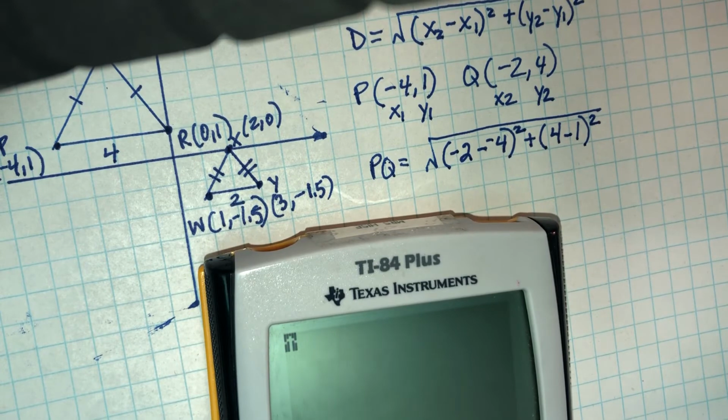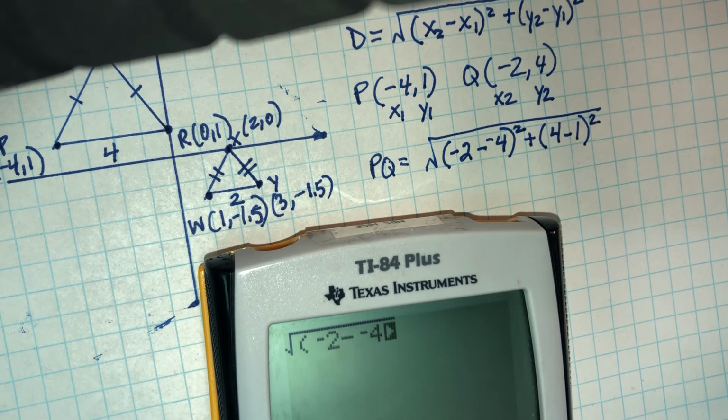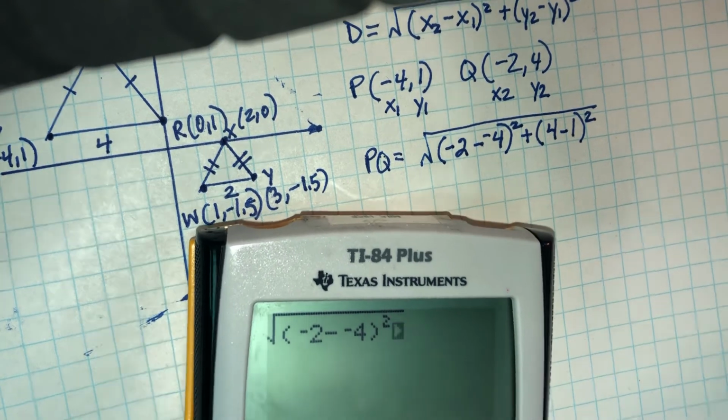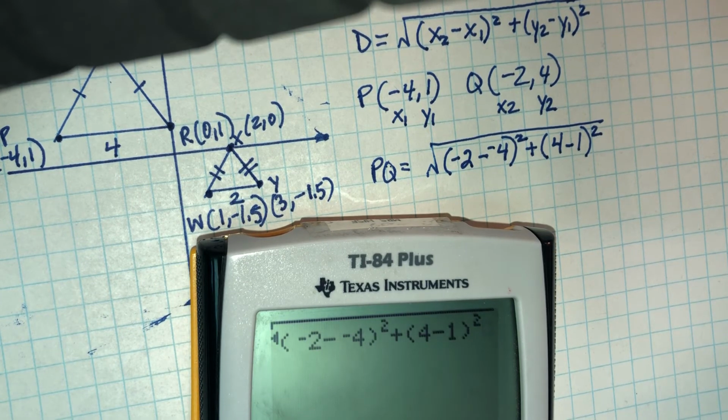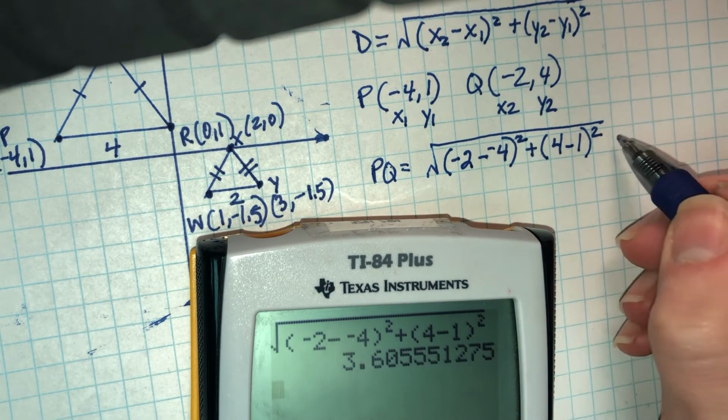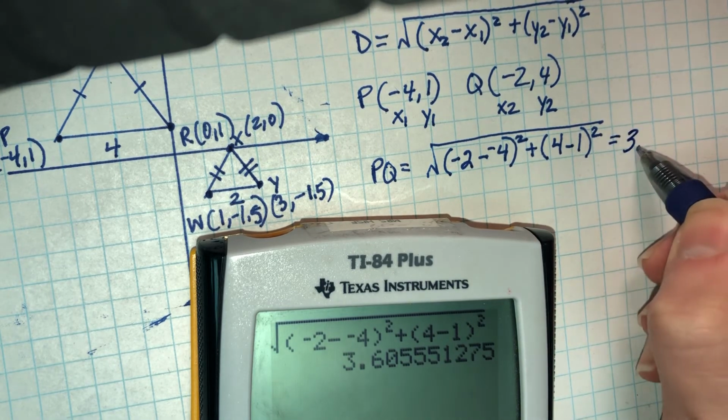So square root of -2 minus -4, close parentheses squared, plus new parentheses 4 minus 1, close parentheses squared. And this gives me, rounded to the tenth place, 3.6.